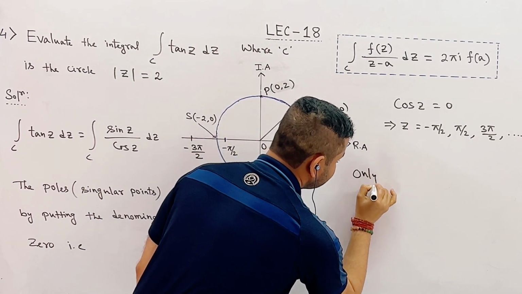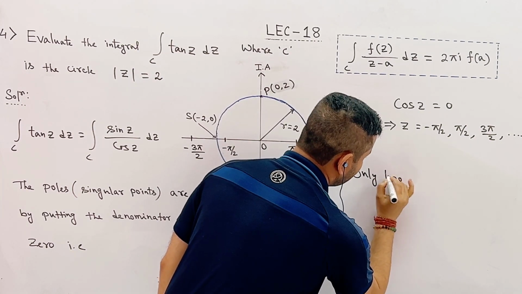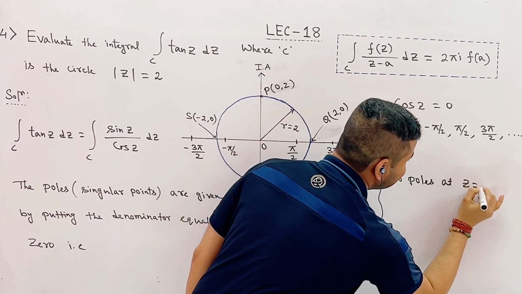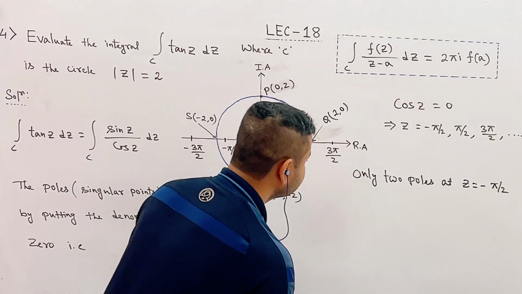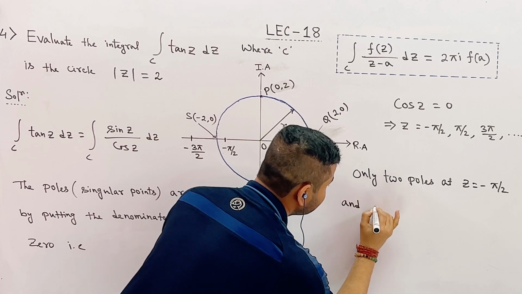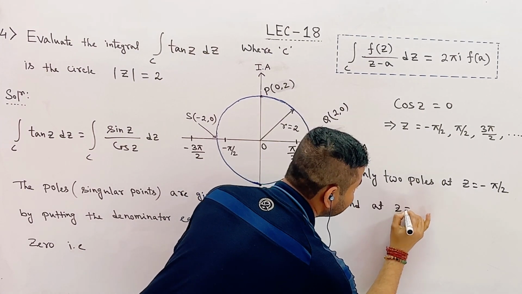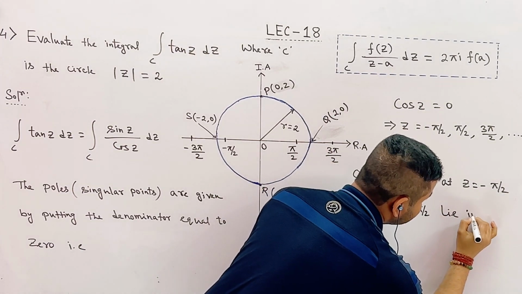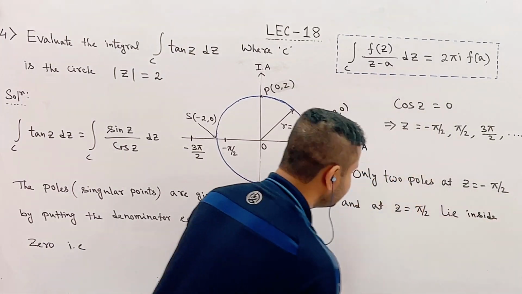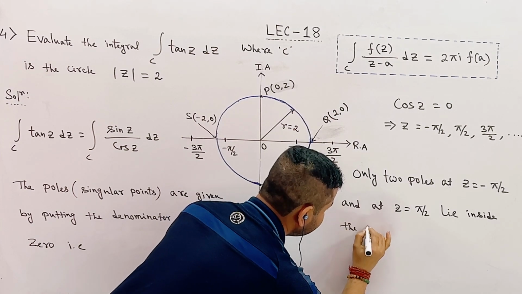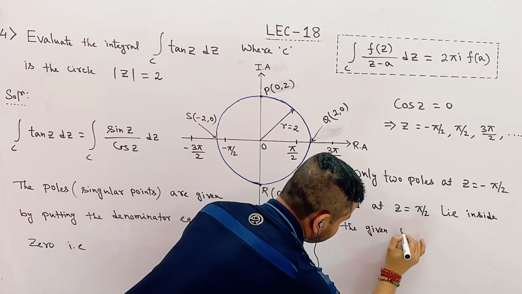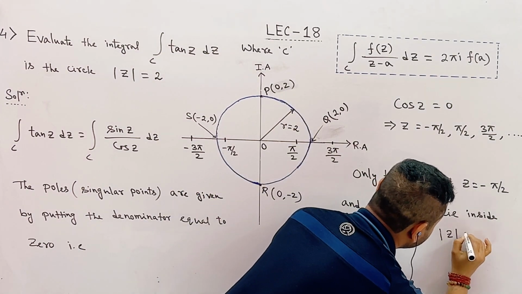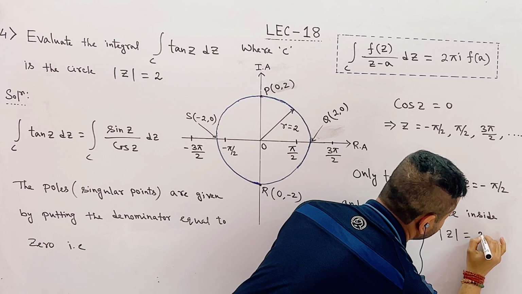Only 2 poles at z equal to minus pi by 2 and at z equal to pi by 2 lie inside the given circle modulus of z equal to 2.